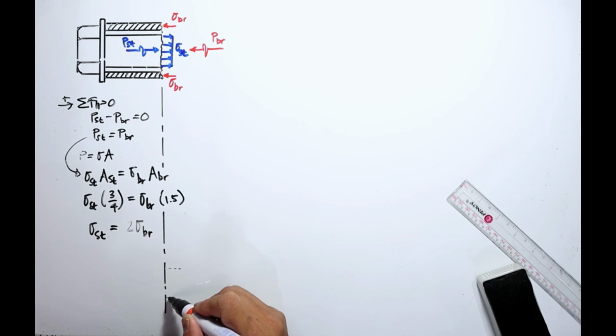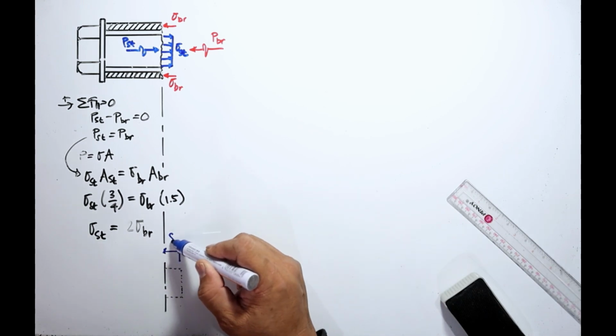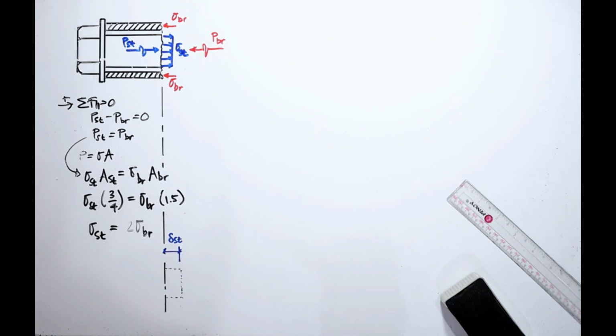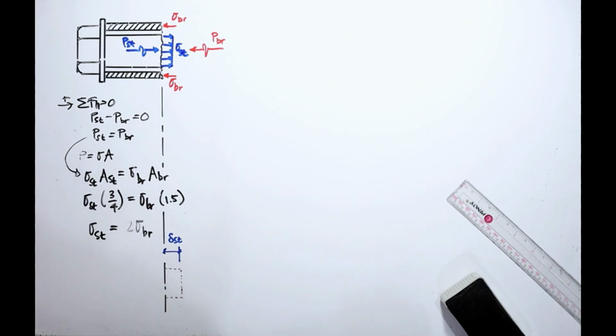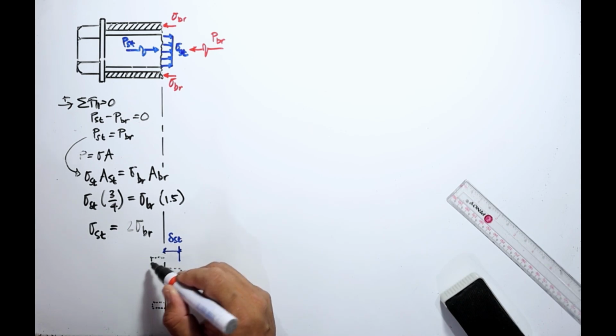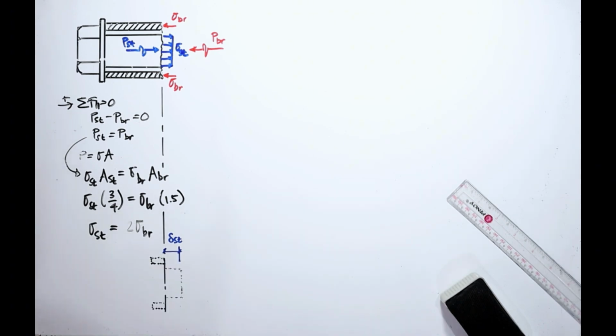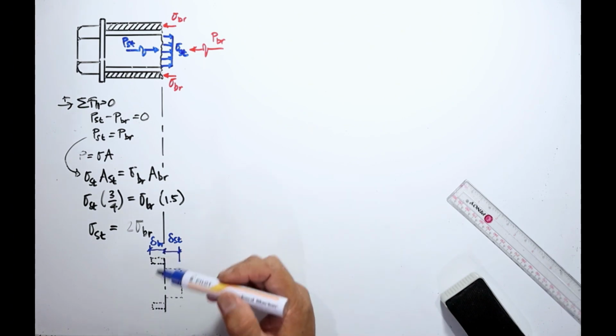Let's say this is the exaggerated expansion of the steel bolt, and we call this delta for steel. And due to this compressive stress here, the bronze tube will shorten. Let's say this is the amount of shortening for the bronze tube, and we call this delta sub BR.